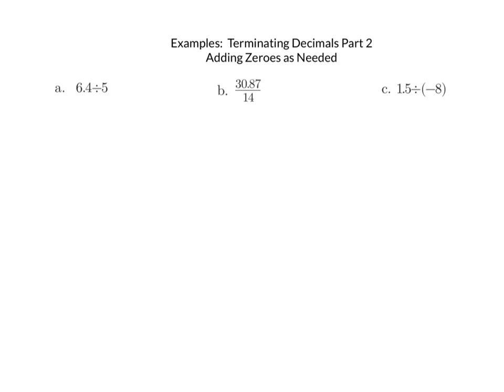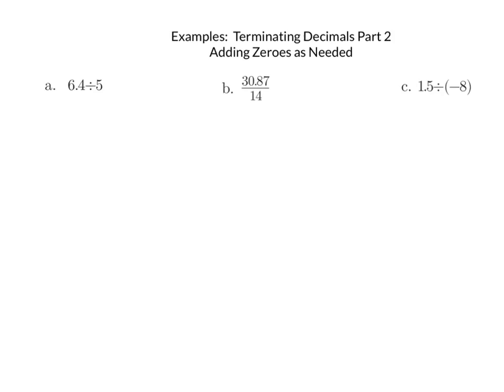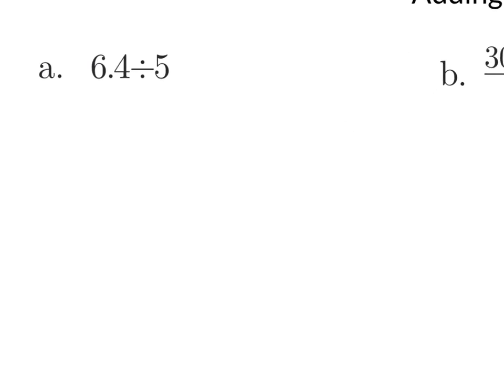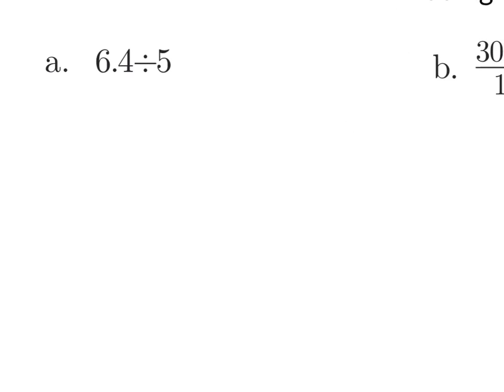All right, so let's start with A. Let's look at 6.4 divided by 5. Okay, so again, my first number is going to go inside my division house. My 5 will go outside, and we divide.